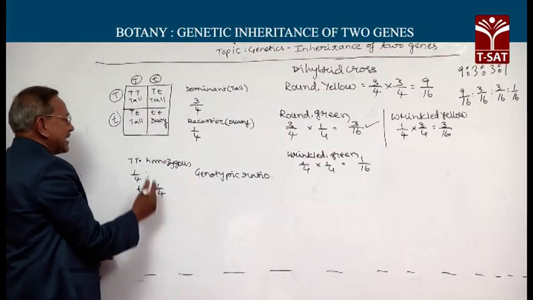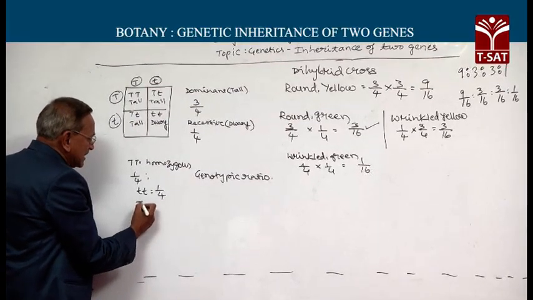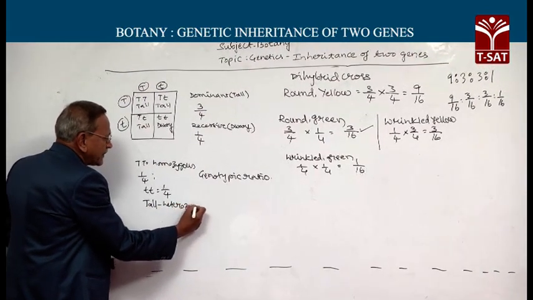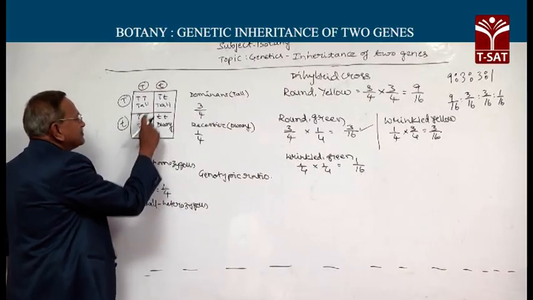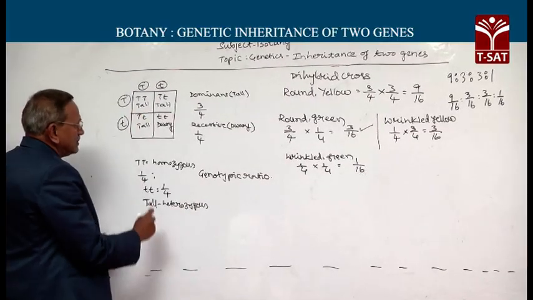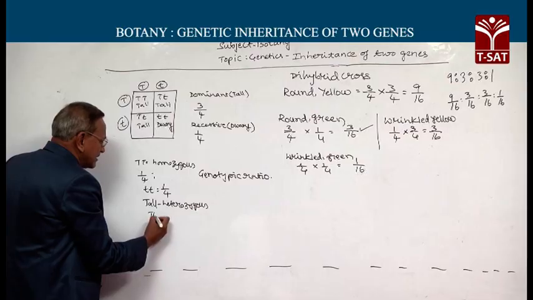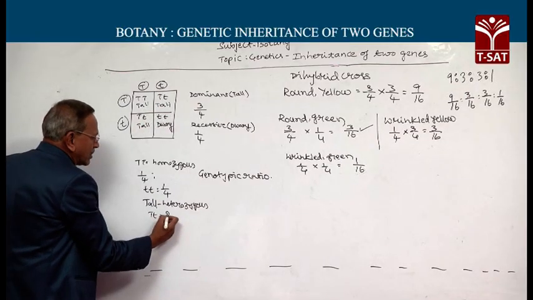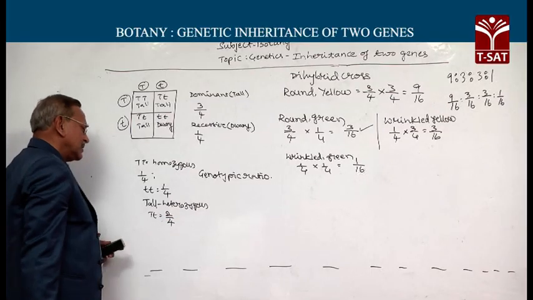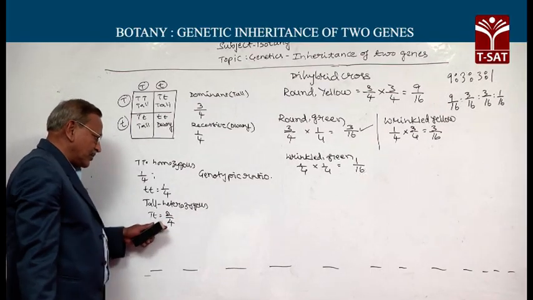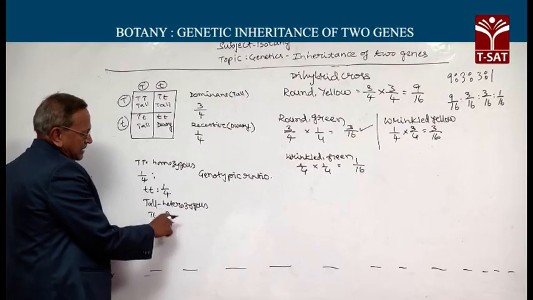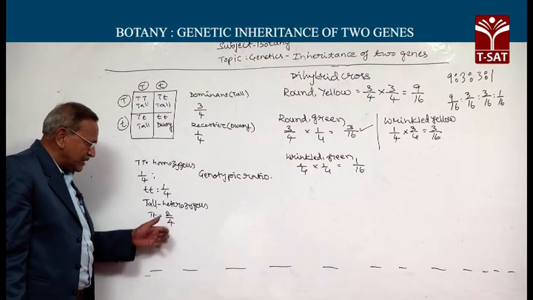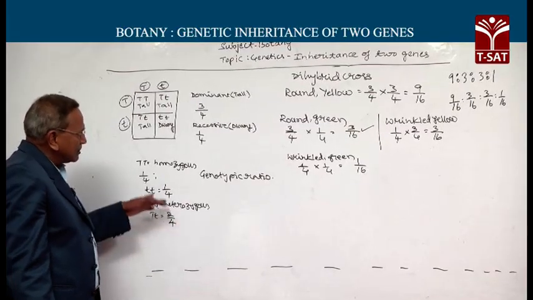Then let us consider heterozygous tall, that is capital T, small t, and how many progeny? 1 and 2. 2 out of 4 are like this. For the convenience of calculation, instead of changing this into 1/2, I retain this value as 2/4.